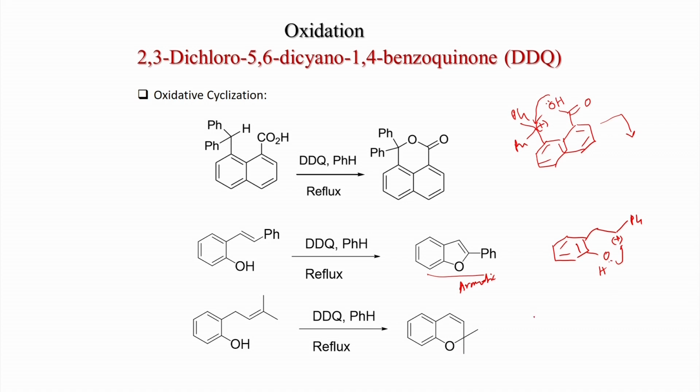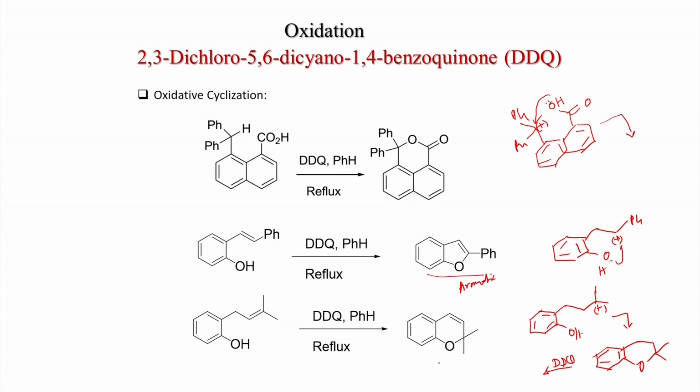So, here also first this carbocation will form, and then it will go to this compound, and then as we have seen DDQ dehydrogenates.